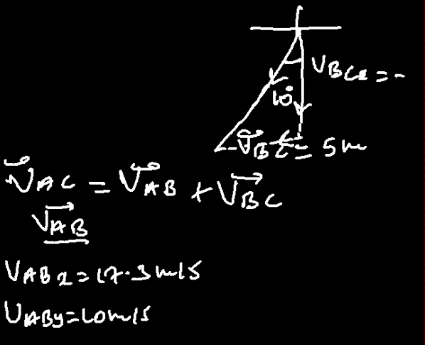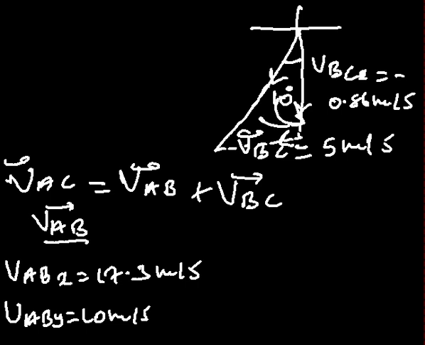So negative 5, by the way it's 5 meters per second, times the sine of angle 10. That will be given as negative 0.86 meters per second.